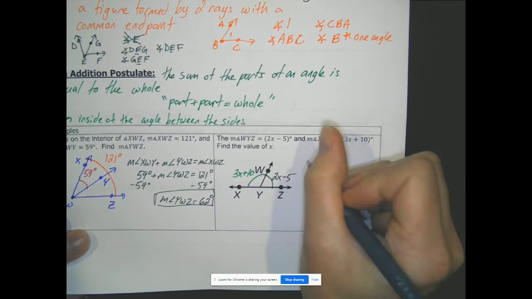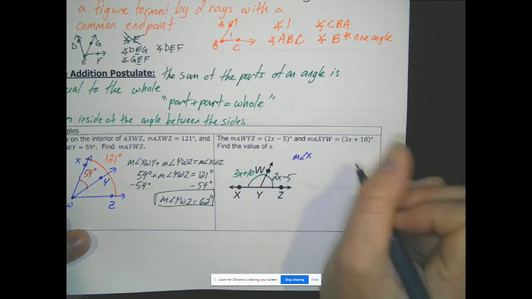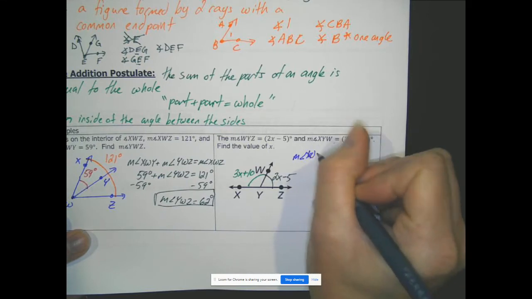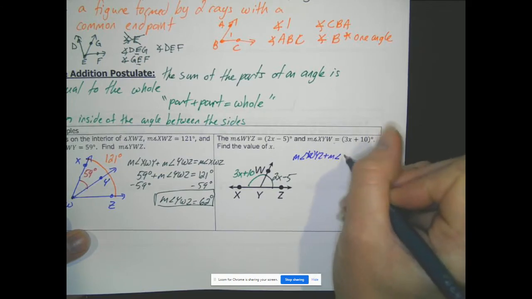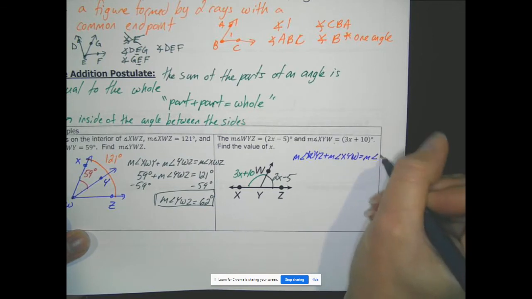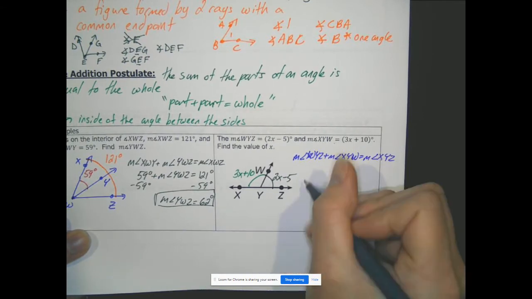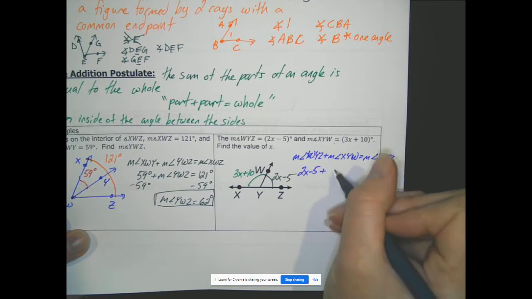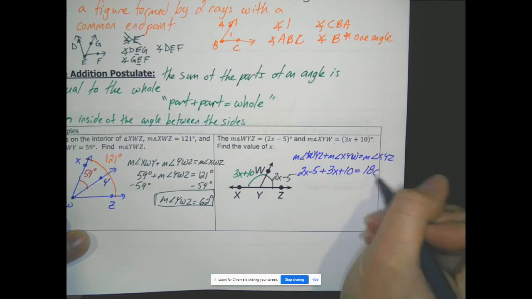This is going to be the measure of angle WYZ plus the measure of angle XYW is equal to the measure of angle XYZ. WYZ is 2x minus 5. XYW is 3x plus 10, and I know that that's a straight angle, so that's 180 degrees.